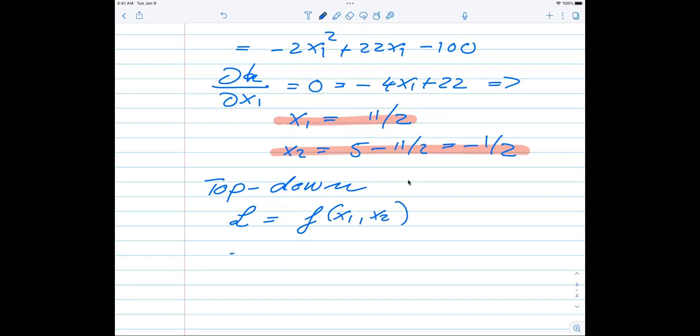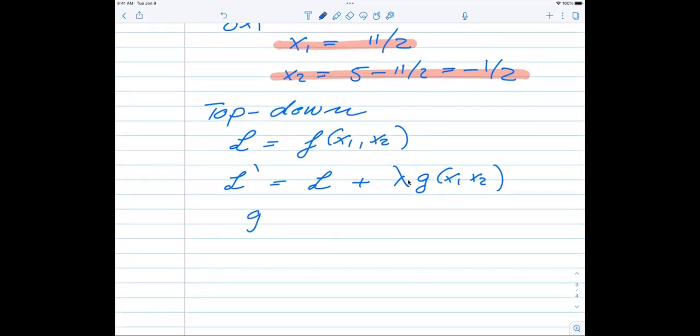But then I'm going to define a new Lagrangian, which is actually given by the previous one, plus a function here, lambda, where I have defined a function of x1 and x2, so that g of x1, x2 is equal to 0. And this parameter which you see here, this is called a Lagrangian multiplier. And I'm going to derive this one in just some few moments.